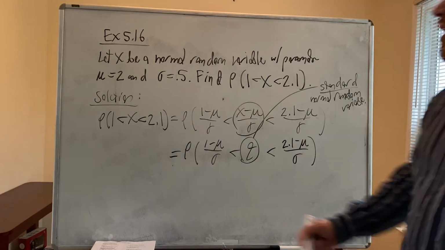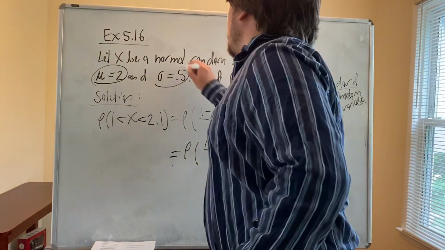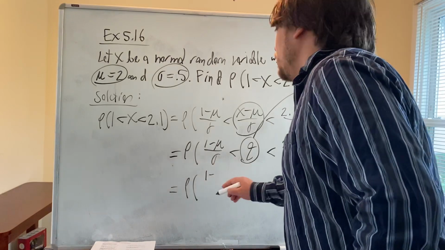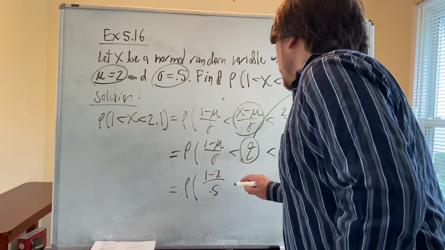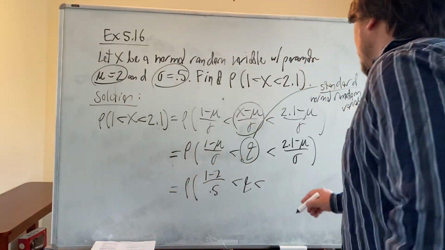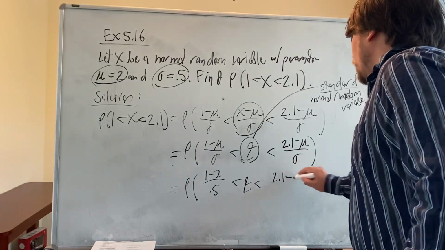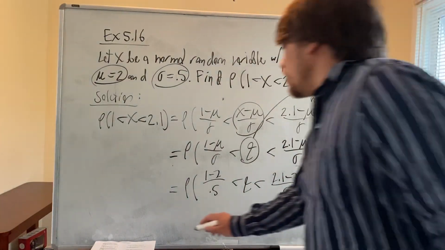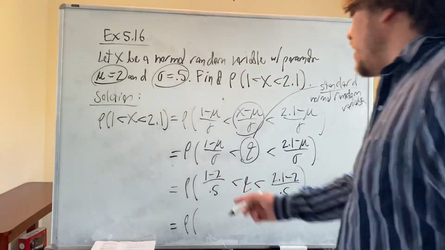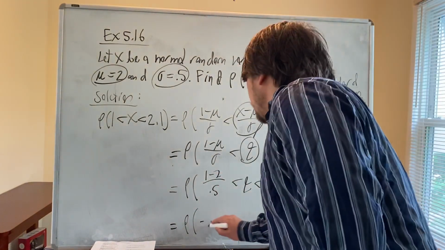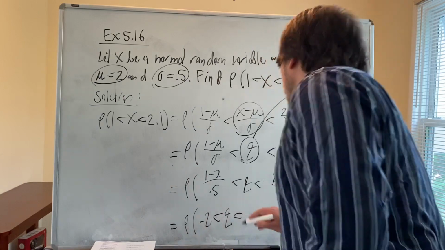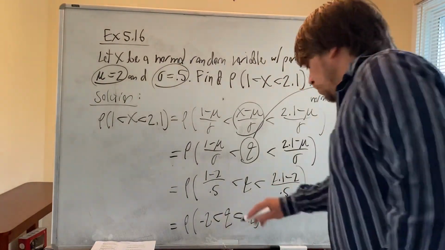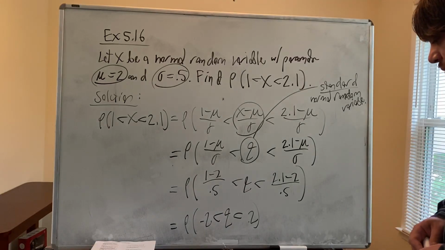Okay, so we're given that mu is 2 and sigma is 0.5, and so you just plug that in. So it's the probability that (1 minus 2) over 0.5 is less than Z, less than (2.1 minus 2) over 0.5. And so that's equal to the probability, this is negative 1 over 1/2, which is negative 2, that negative 2 is less than Z, less than 0.1 over 0.5, which is 0.2, or 1/5.